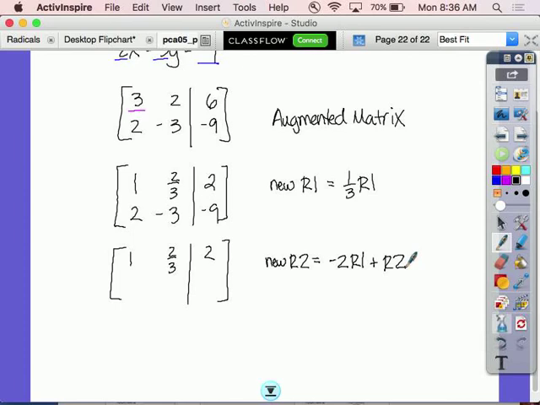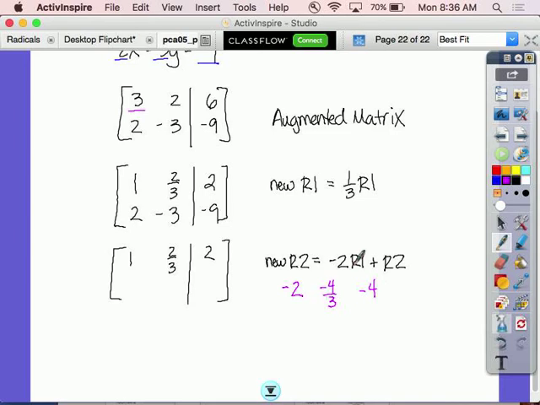And you might be able to do that math in your head, or you might be like me and to keep things straight, you want to write it out. So if I'm going to write this out, negative 2 times row 1 is going to be negative 2, negative 4/3, negative 4.